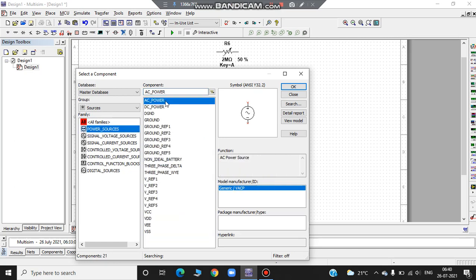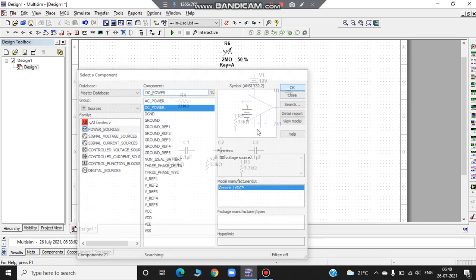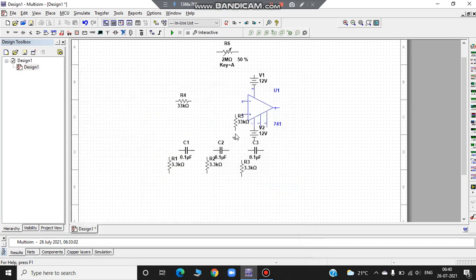Now the supply voltages, choose DC power from sources and use it. Now the grounds, let's place it wherever necessary.